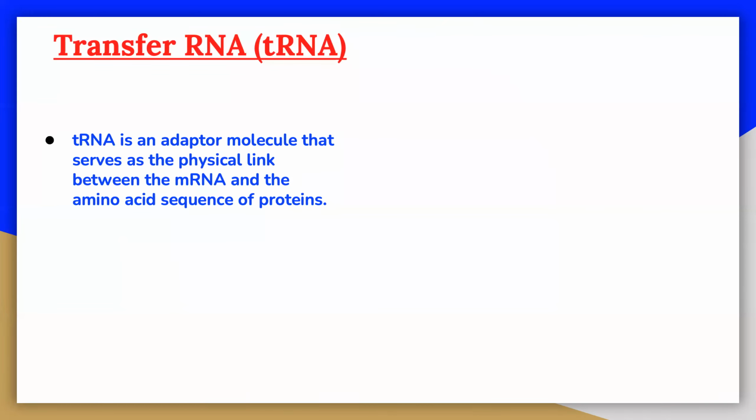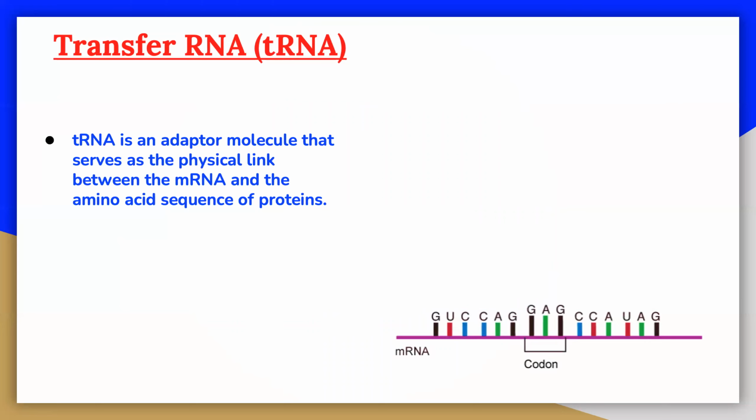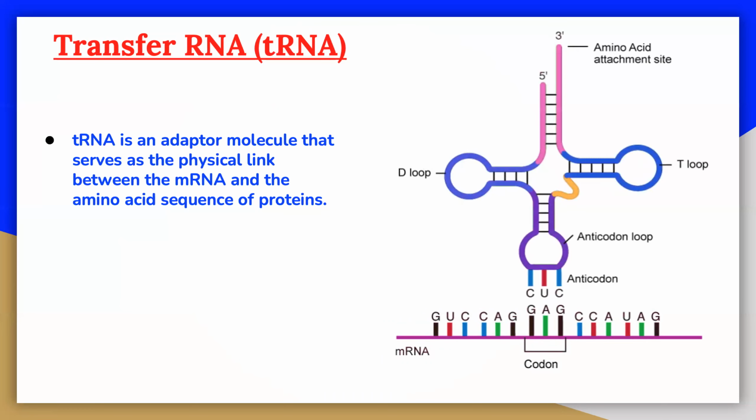tRNA carries the correct amino acid to the site of protein synthesis in the ribosome. It is the base pairing between the messenger RNA and tRNA that allows for the correct amino acid to be inserted in the polypeptide chain being synthesized.